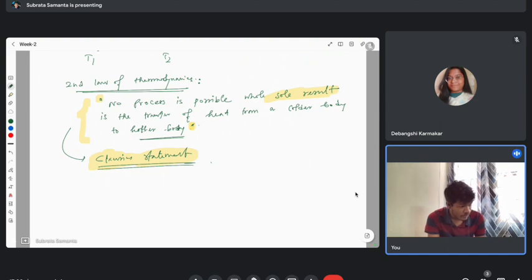But what about changing energies? How easy is it to convert work into heat? Energy is equivalent to heat and work.